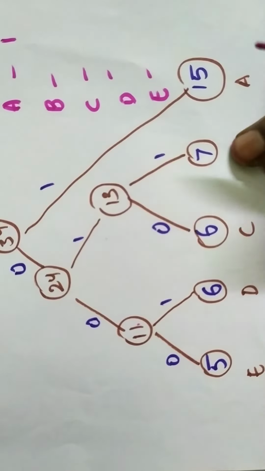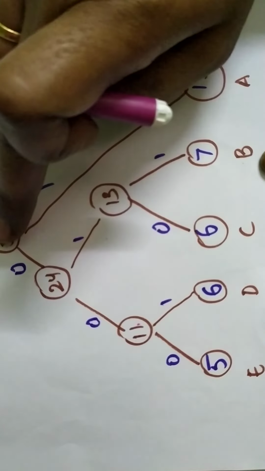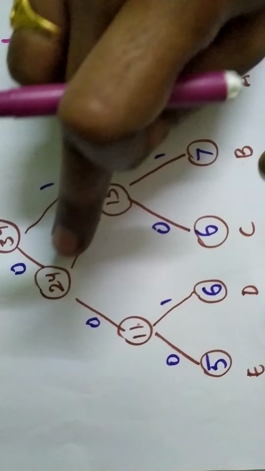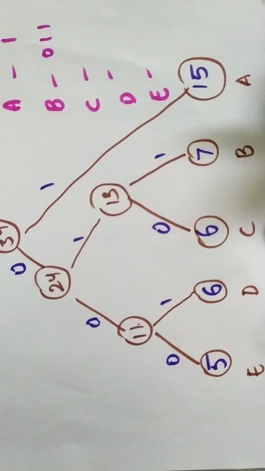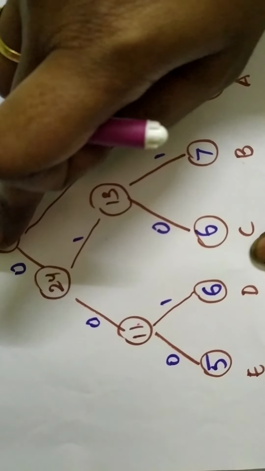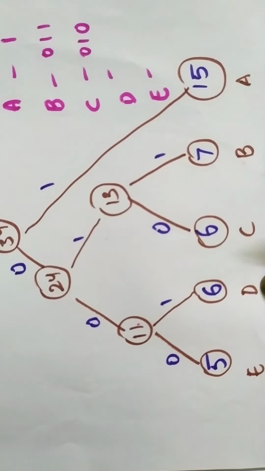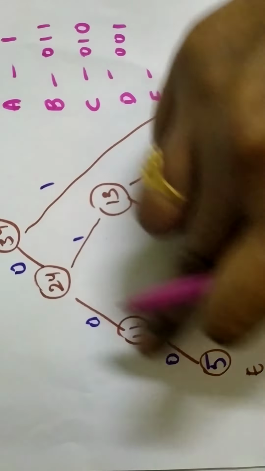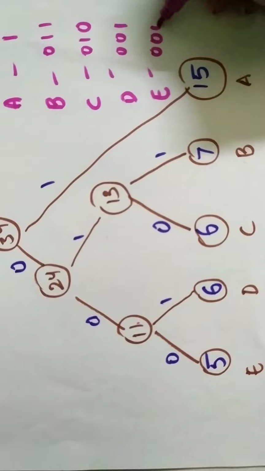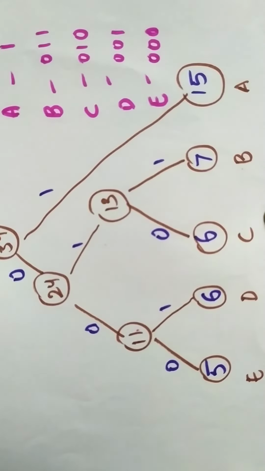Next, B. Starting from the root node, follow the path to reach the B node: 0, 1, 1. Similarly, to reach C, we follow the path 0, 1, 0. Next D is 0, 0, 1. And E is all 3 zeros. These are the encoded words which are derived from this tree.